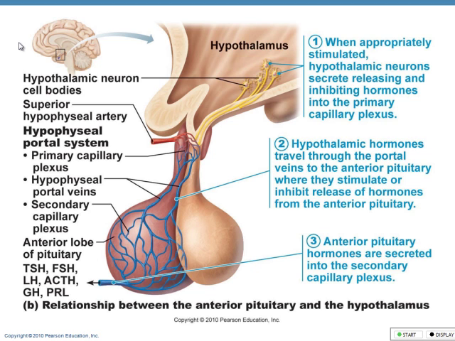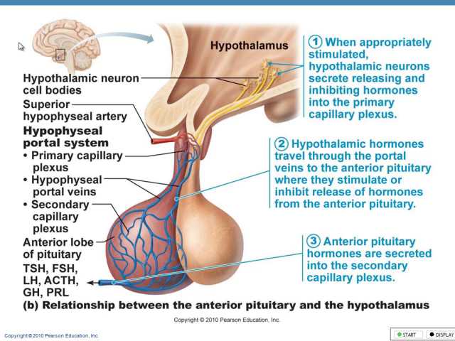All of the effects of these hormones are listed in these charts for you. Growth hormone is going to trigger increased metabolism for growth in things like the liver, in muscles, in bones.